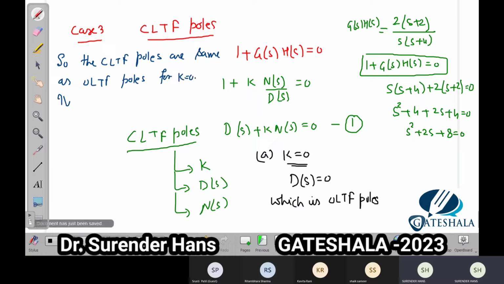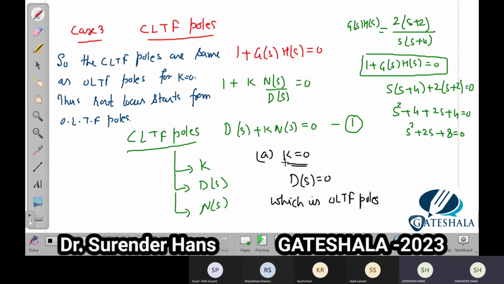Thus root locus starts from open loop transfer function poles. Clear? Thus root locus starts from the open loop poles.